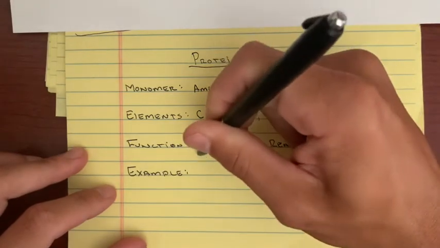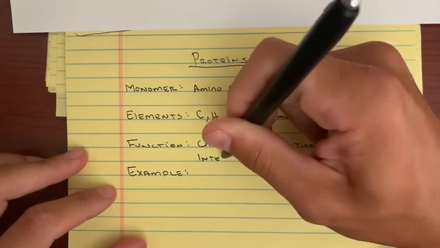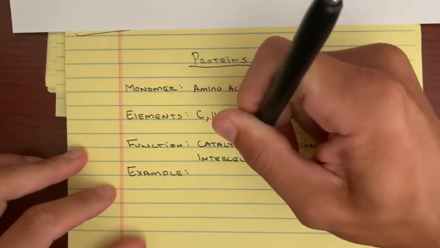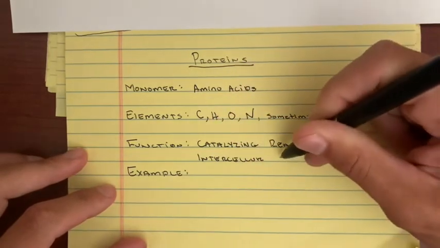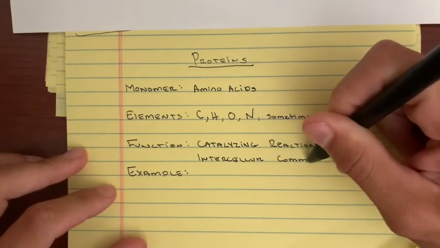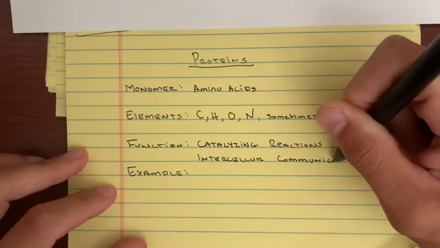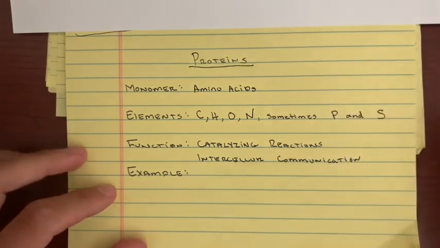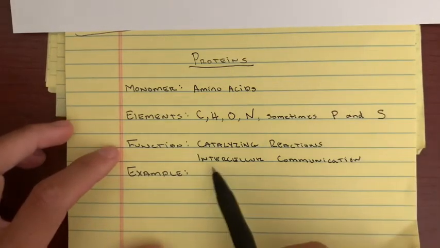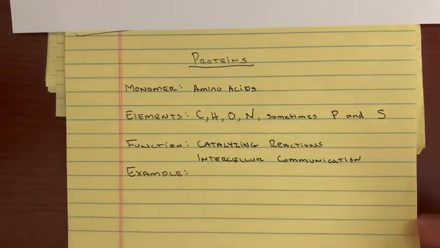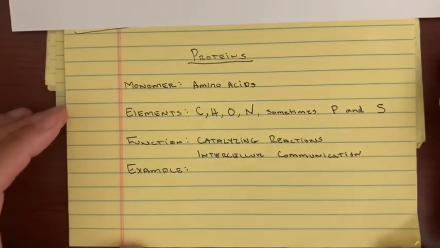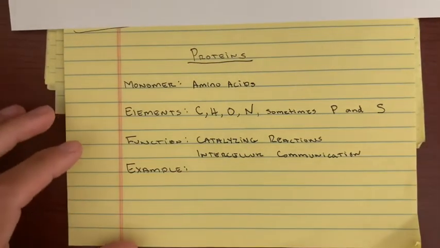And it's also an intercellular, so inside the cell, communication. And we'll get more into this more in depth a little later. Right now you just need to know it kind of tells the cell, kind of helps with communication inside the cell.